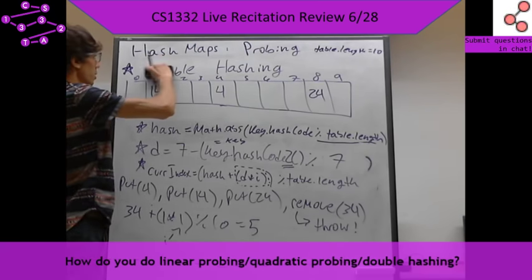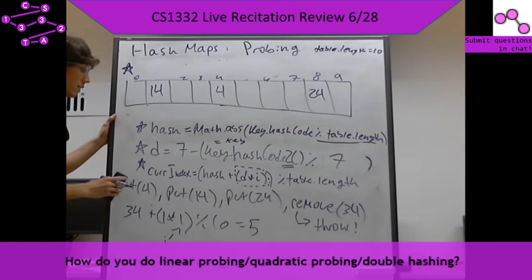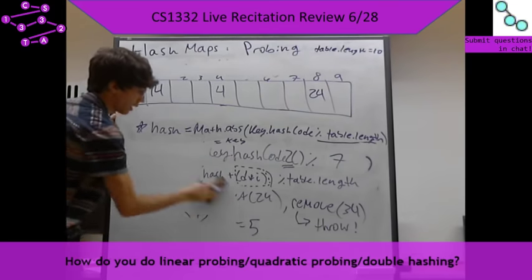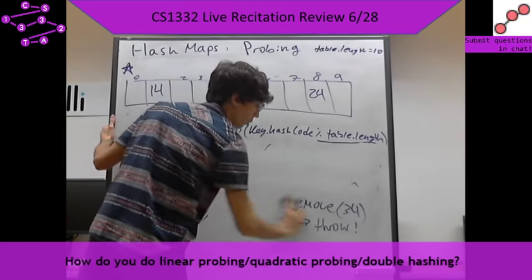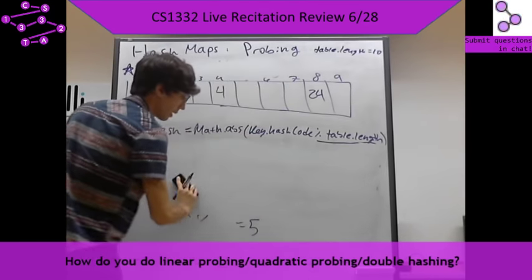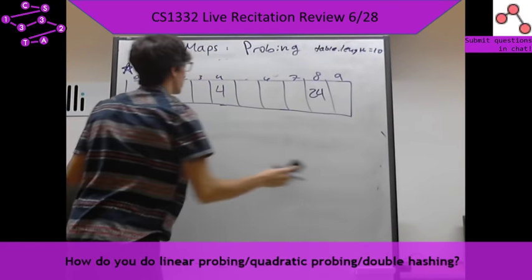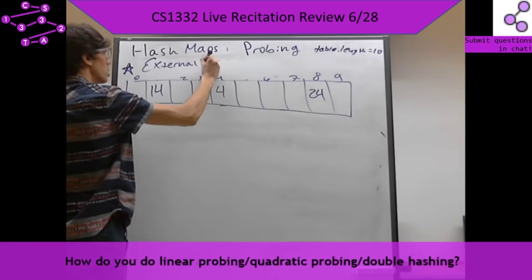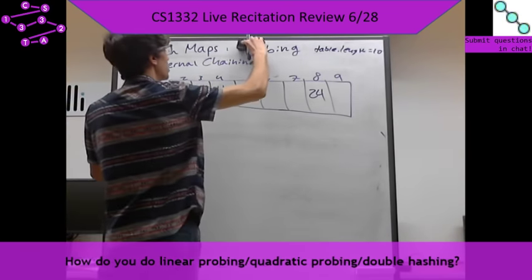I think I can do that really quickly. So external chaining is cool in the sense that if you learn linear probing, or especially if you coded linear probing, then external chaining makes a tremendous amount of sense to you. And this is no longer probing.